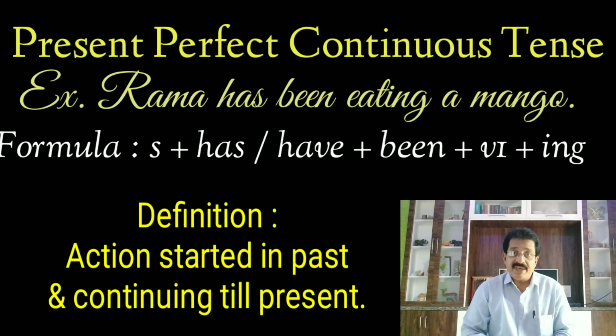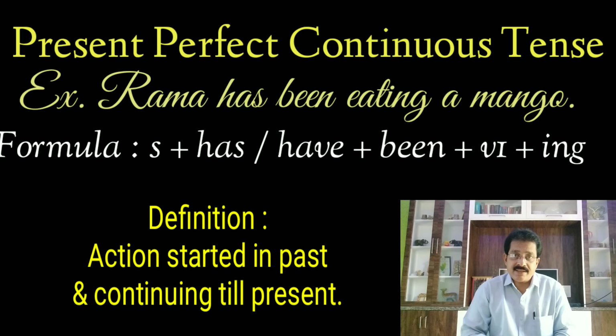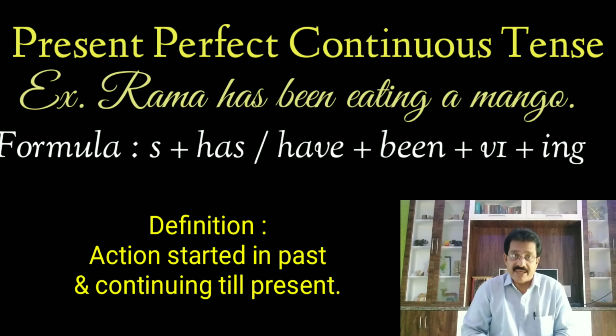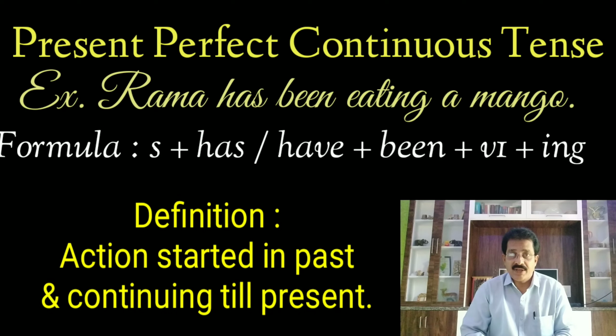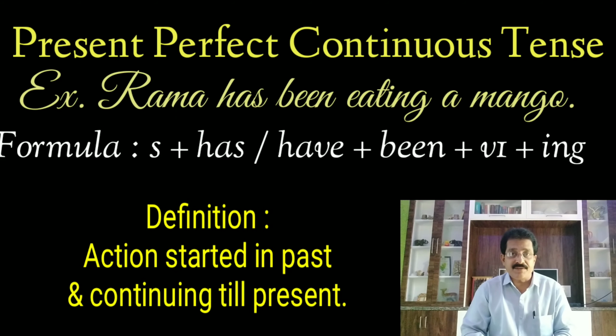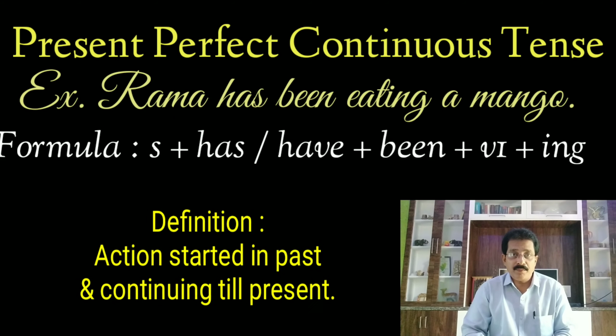I said, I have been teaching you tenses for 31 minutes. Here I am talking about the total duration of the action. How long did I teach you? The total period of time. Whenever I use the total period of time, I have to use for.